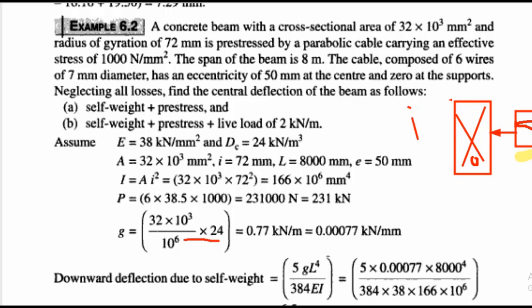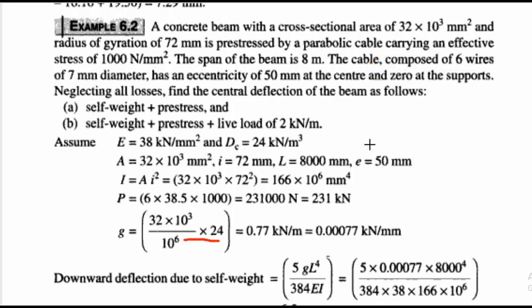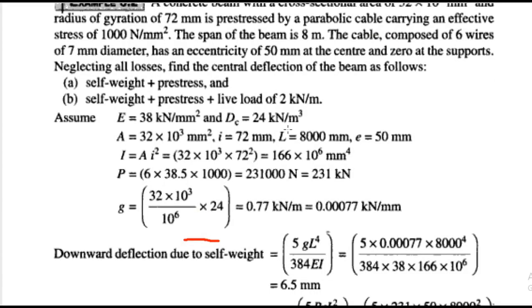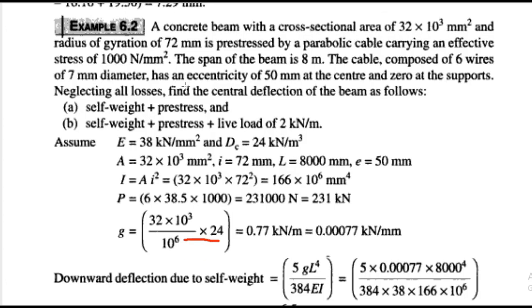Now first we will write all the given data, later we will solve the problem. First we have to write all the given data: width of the beam, depth of the beam. Here they directly give the area of the cross section of the concrete, and assume modulus of elasticity of the concrete E equal to 38 kN per mm square, and the density of concrete Dc equal to 24 kilonewton per meter cube.